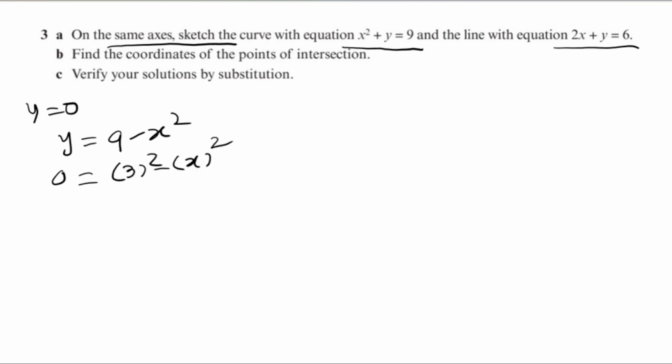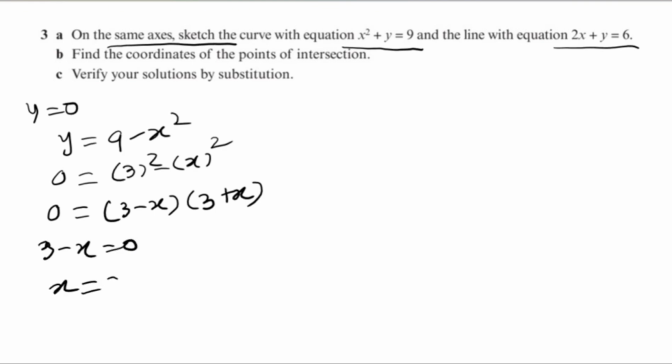I am using the difference of two squares, which gives me 3 minus x and 3 plus x. 3 minus x equal to 0, x is equal to 3. 3 plus x equal to 0, x is equal to minus 3.